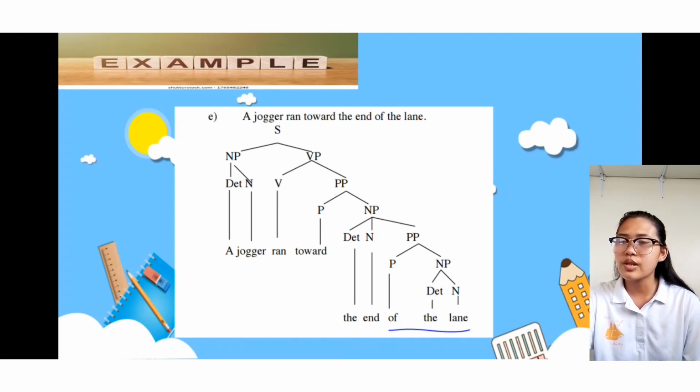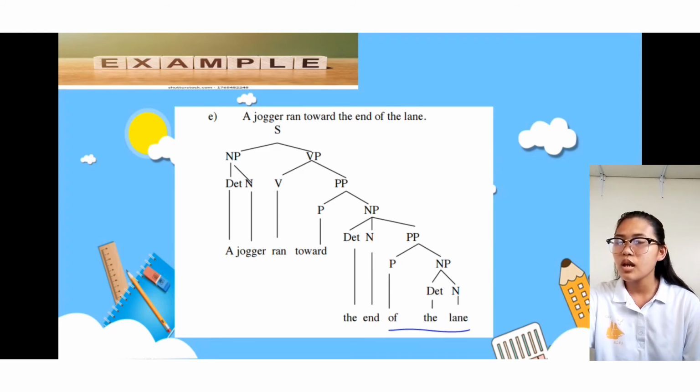The sentence is, a jogger ran toward the end of the lane. By deriving it into constituents, it can be divided into two: the subject or the noun, and the second half is the verb. So a jogger is the noun or subject, and ran toward the end of the lane is the verb.